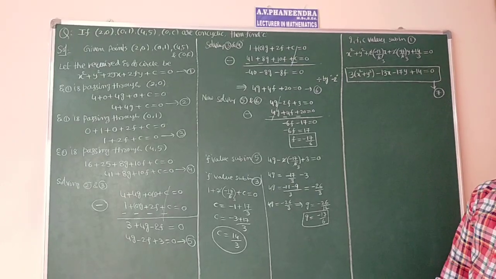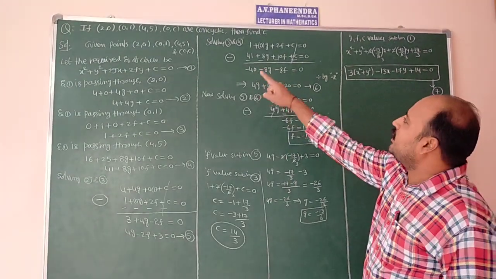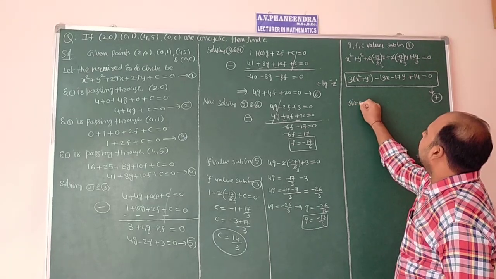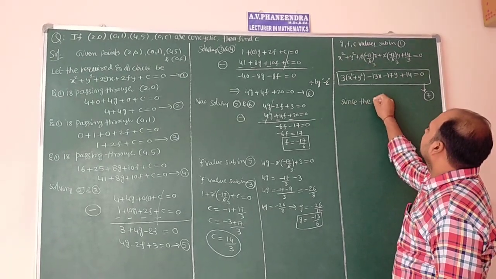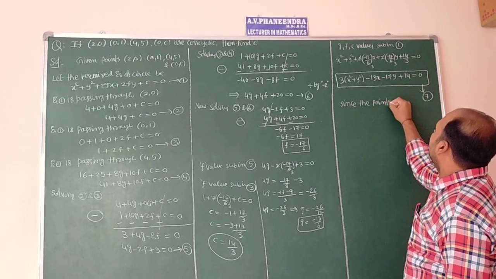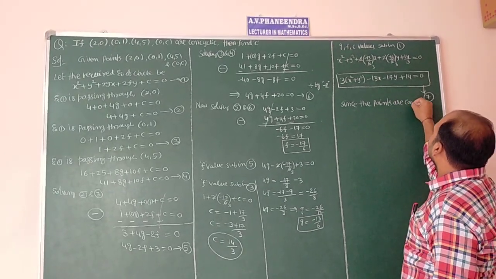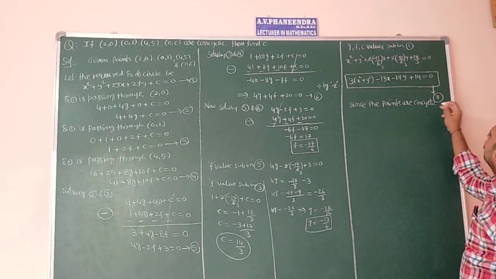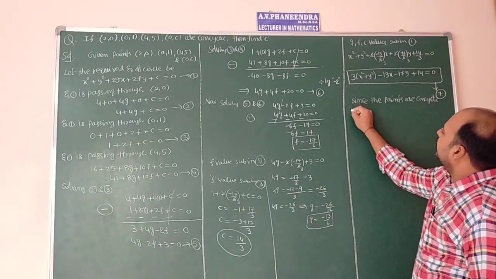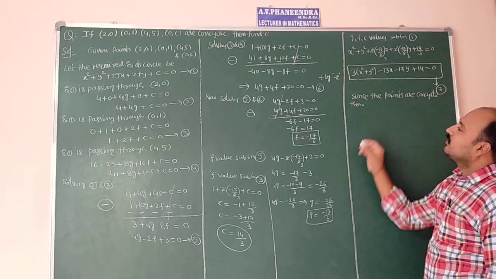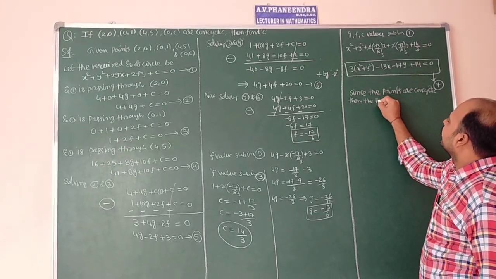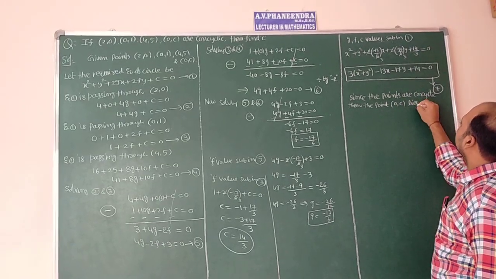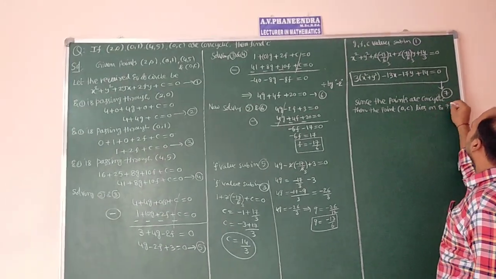Since the points are concyclic, the rest of the point we have to substitute in this. Then the point 0 comma c lies on equation 7.